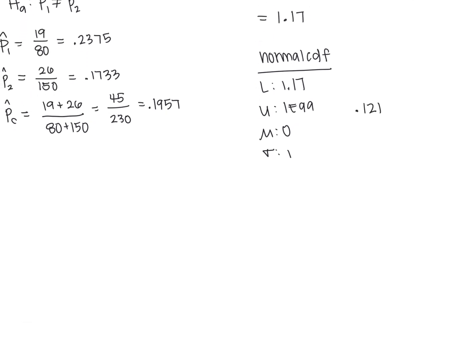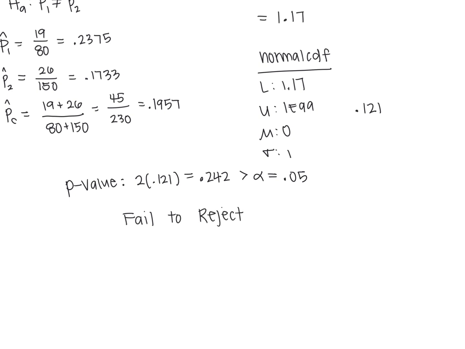So for our p-value, because our alternative hypothesis here was does not equal, we do have to multiply it by 2. Which is going to be 0.242, which if we compare to our alpha is greater than 0.05, which means we are going to fail to reject our null hypothesis.